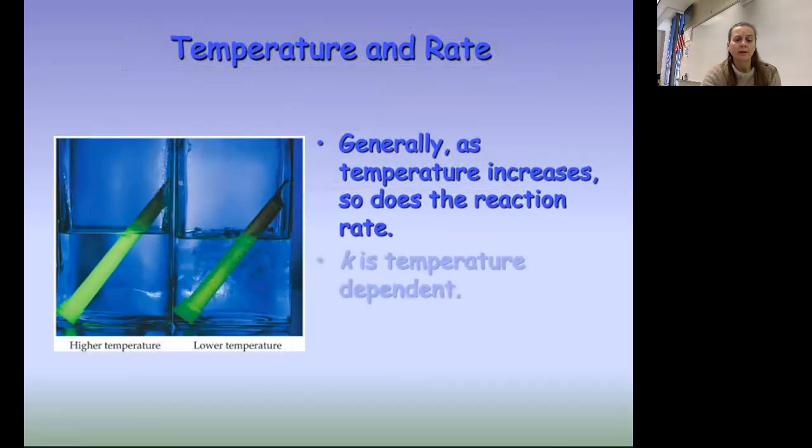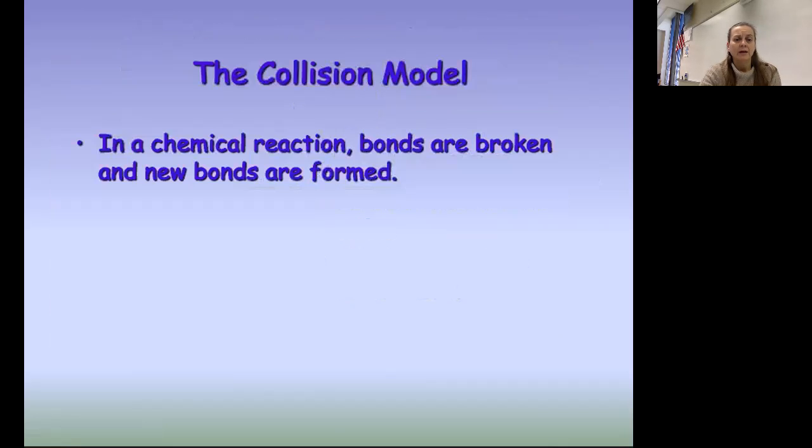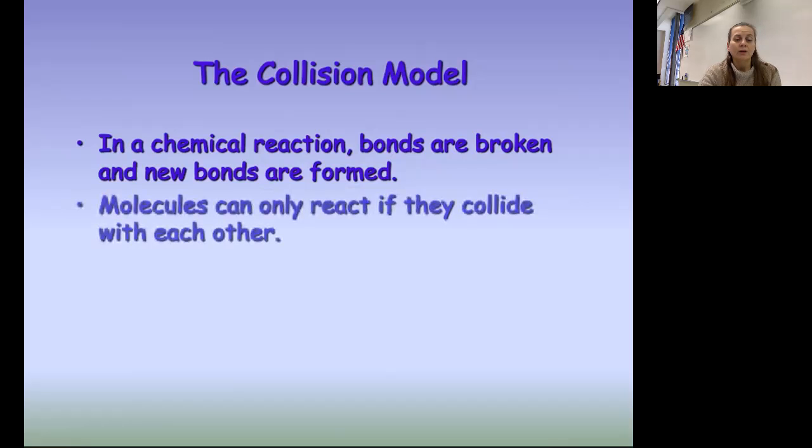We also know that that means that k, that coefficient in our rate law, is temperature dependent. The question becomes why? So we know that in a chemical reaction, bonds are broken and new bonds are formed, generally speaking. Molecules can only react if they collide with one another.